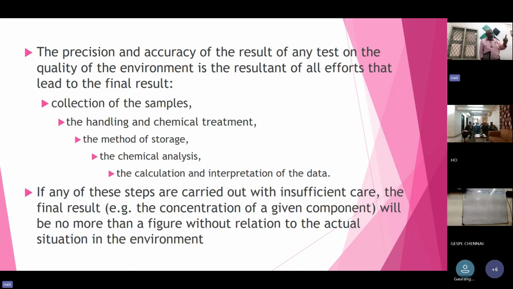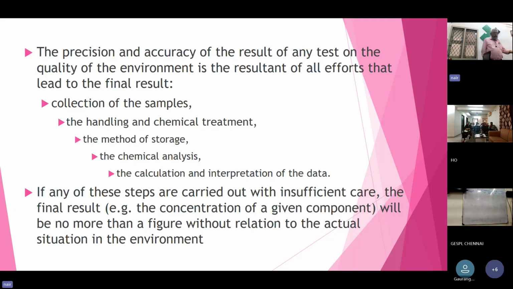So the first point is the person who is collecting the sample, ensuring that the representative sample is collected, and the person ensuring that the representative sample reaches the laboratory. The precision and accuracy of the result matters because we are preparing the EIA report, and we are depending on the accurate results.